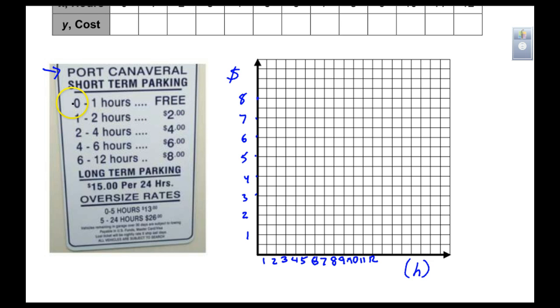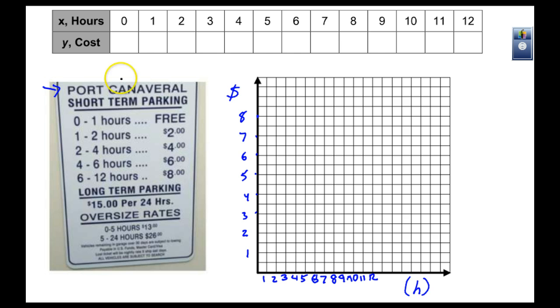Okay, so consider the values in between. Not necessarily 0 hours, but somewhere between 0 and 1 hour, it's going to be free. So yeah, cost 0. You have to know that free means $0. But at 1 hour, it's going to cost $2. Once you get to 1, it costs 2. Once you get to 2, it's going to cost 4. Once you get to 4, it's going to cost 6.